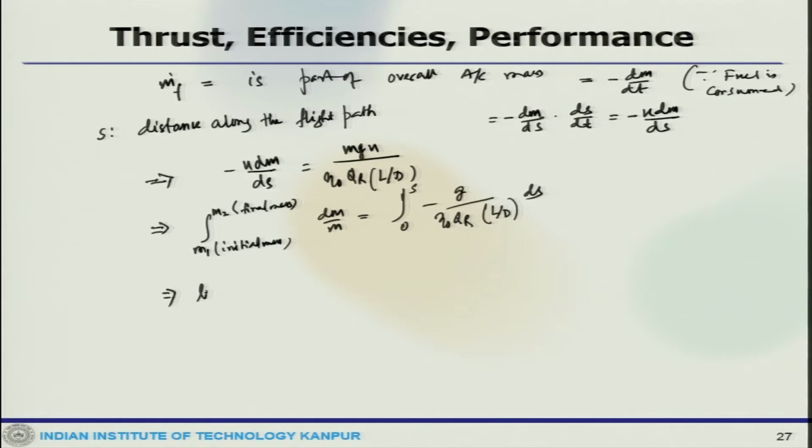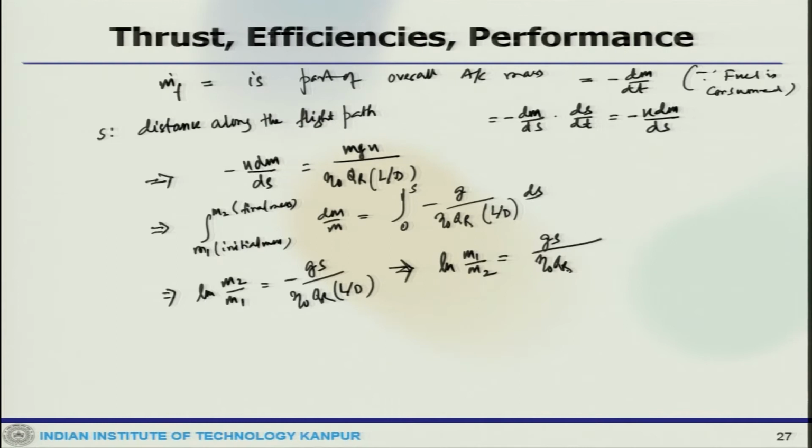So, this becomes ln m2 by m1 equals minus g S by eta naught Q R L by D. And that gives us S equals eta naught Q R by g times L by D times ln m1 by m2.